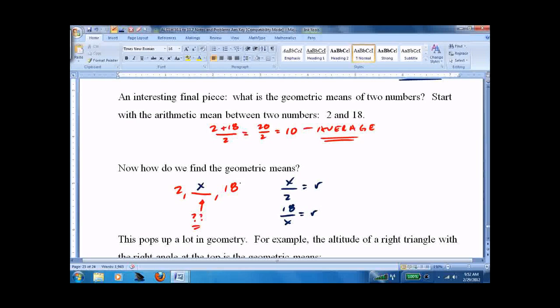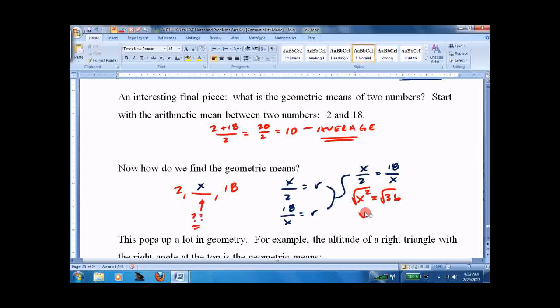Remember, I've been dividing each term by the previous term. As you may or may not have guessed, I can just set them equal. I've got 2 r's there. So, x over 2 equals 18 over x. Take a guess what we're going to do next. Good guess. X squared equals 36.